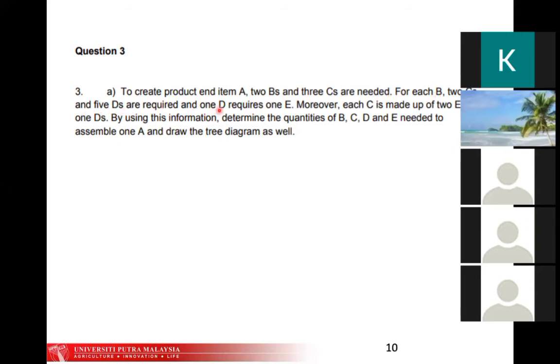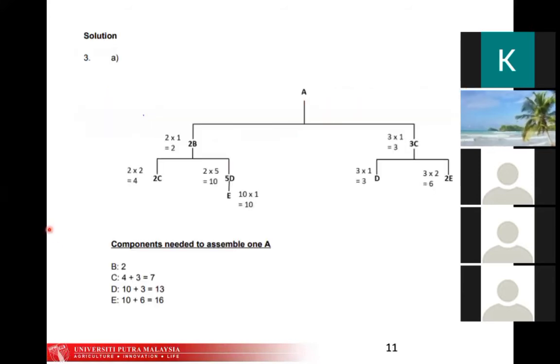Moreover, each C is made up of 2 Es and 1 D. By using this information, determine the quantities of B, C, D, and E needed to assemble 1A and draw the tree diagram as well. So according to this question, we are supposed to draw a tree diagram and determine the quantities of components needed to assemble 1A.